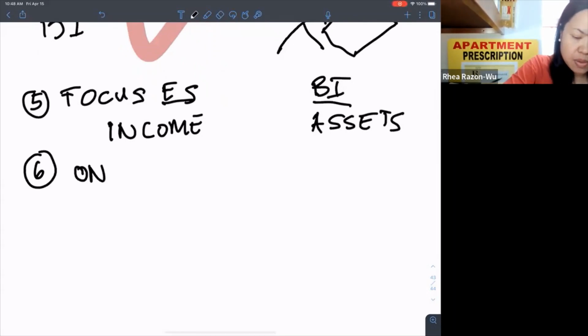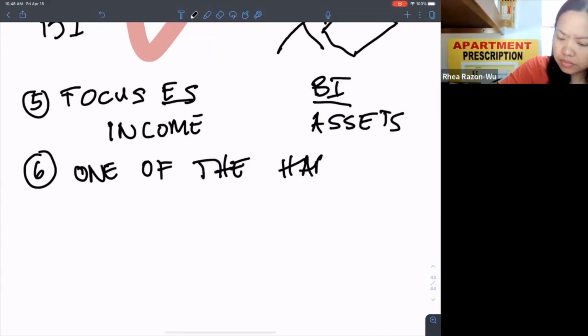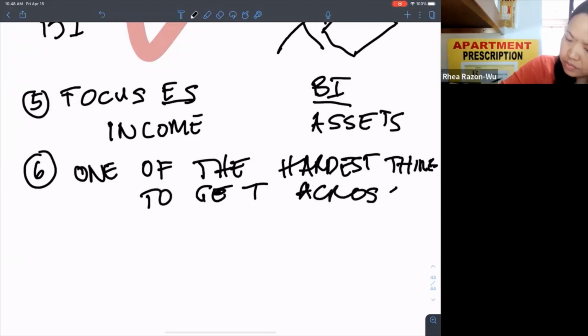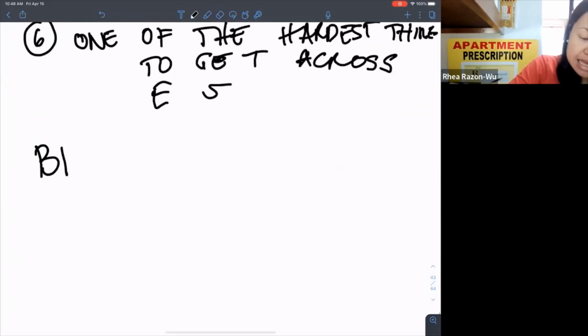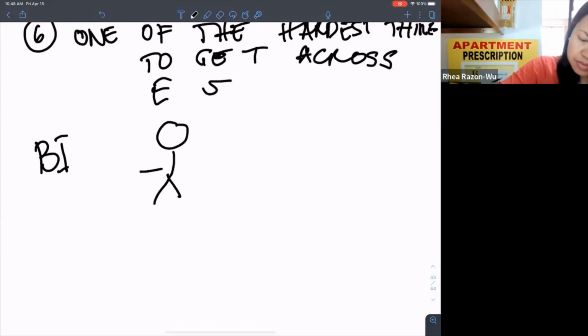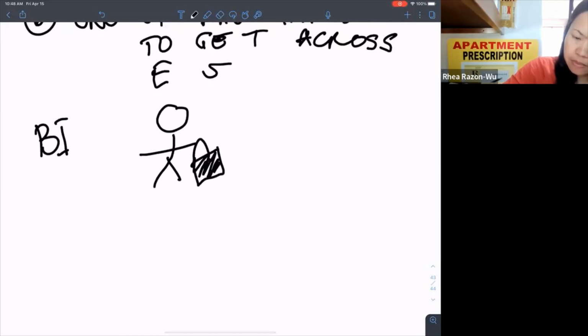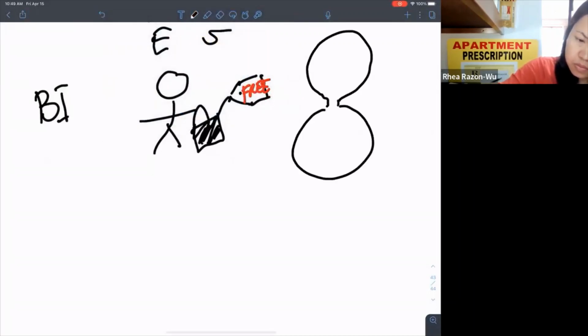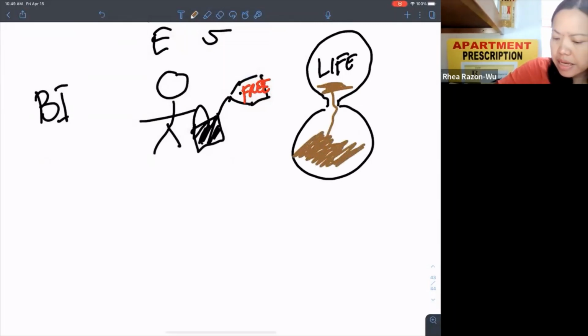The sixth point is one of the hardest things to get across to the E and the S about the B and the I. This is a quicksand, and the quicksand represents life.